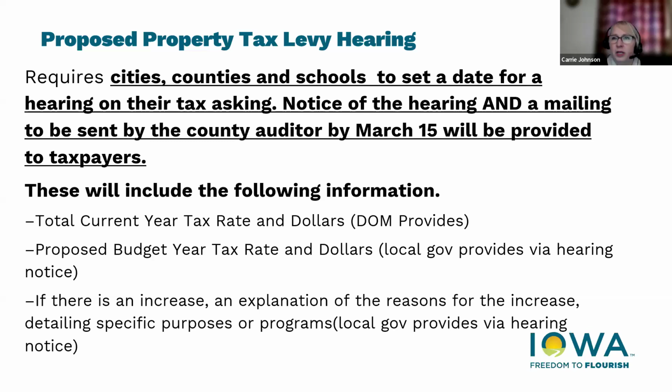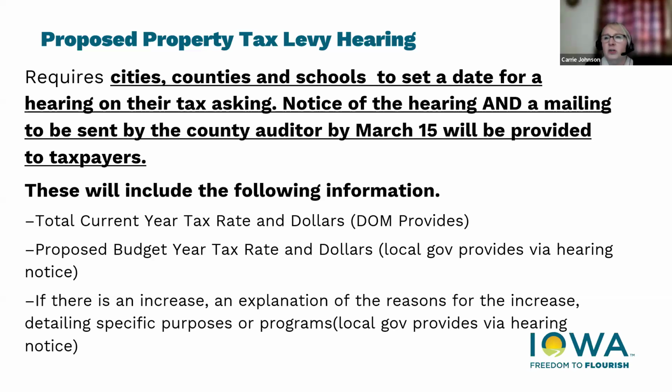This hearing notice that county auditors have to send out includes information on the county's hearing as well as the city and the schools. It provides a variety of pieces of information. And again, I don't want to get into too much detail because it's an involved process on its own, but we're really providing you with the data that goes into that mailing. DOM is providing it. Either we're calculating it or we're pulling it off of our website and providing it to you.